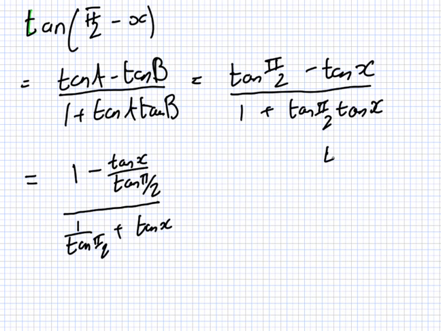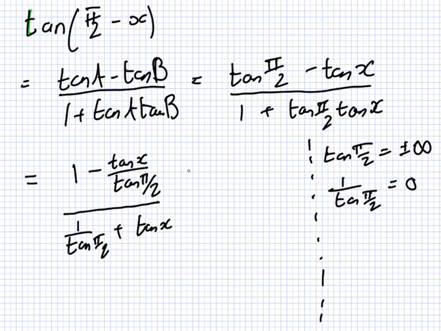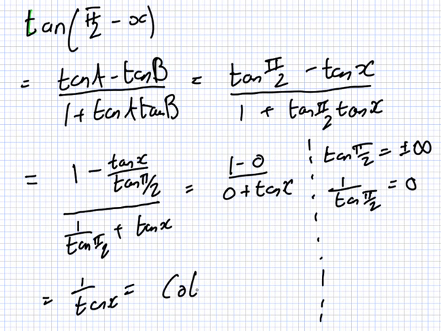Tan pi over 2 is infinite, but 1 over tan pi over 2 is 0. So this becomes 1 minus 0 over 0 plus tan x, which equals 1 over tan x, which equals cotan x.